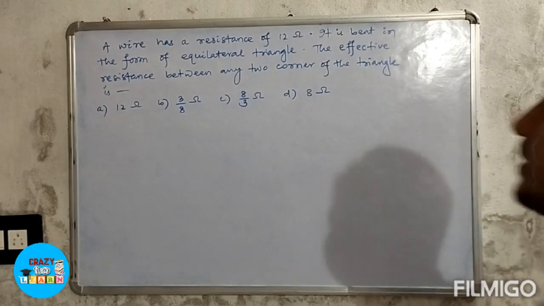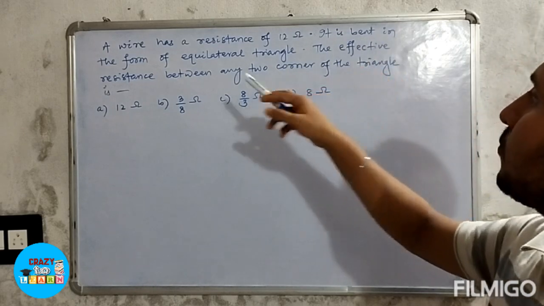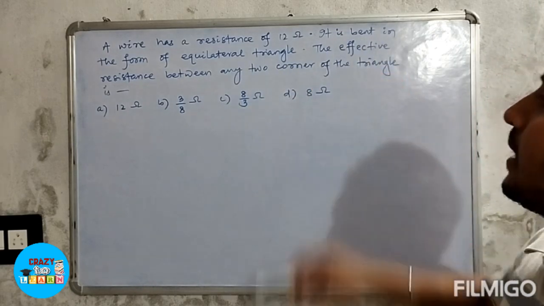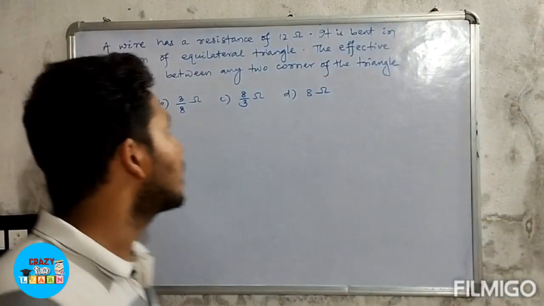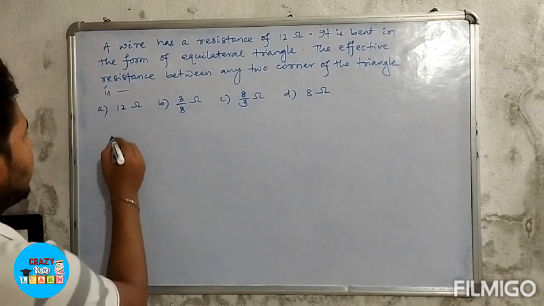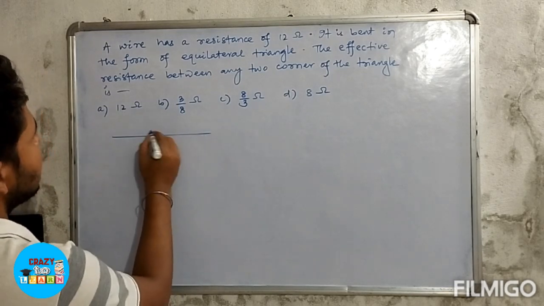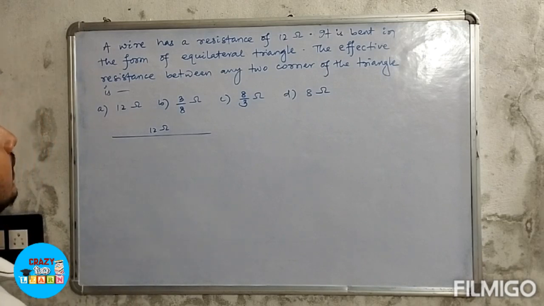Next question is, a wire has a resistance of 12 ohm. It is bent in the form of an equilateral triangle. The effective resistance between any two corners of the triangle is? Okay. So first, a wire is given to you which has a resistance of 12 ohm, and it is bent in the form of an equilateral triangle.